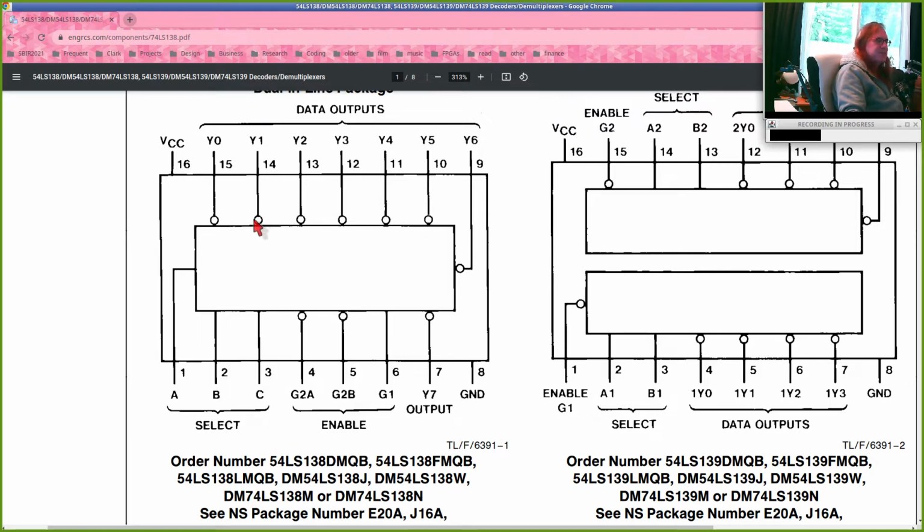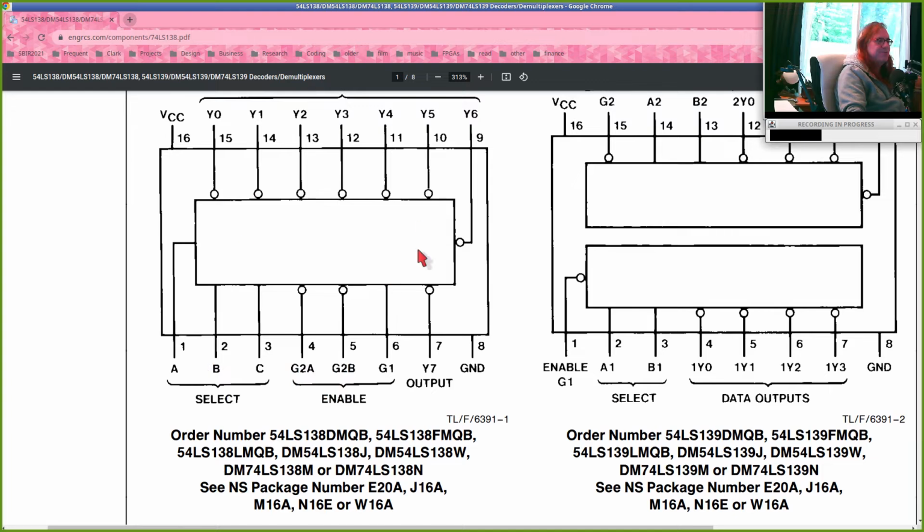And whereas these unselected lines would normally come out low, they're going to come out high. But like I say, if the circles don't make sense, don't worry about them. You never need to figure out what's going on from the circles here. You can always go to the truth table and just look at the ones and zeros or highs and lows there.